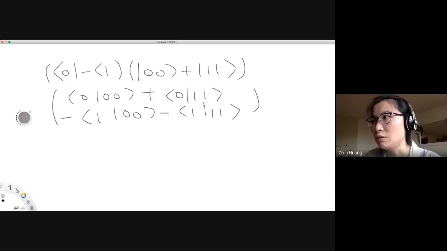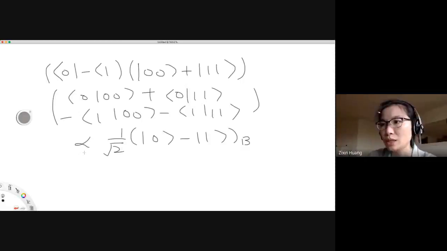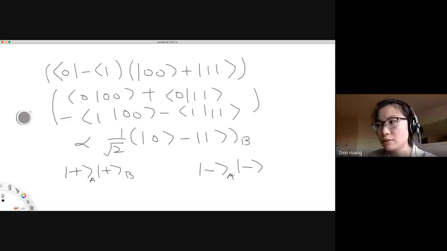With some normalization, this is proportional to 1 over square root 2, 0 minus 1 on Bob's side. So what this is telling you is that if Alice measures a plus, Bob will also get a plus. And if Alice measures a minus, Bob would also measure a minus. I think we're happy with that for the time being.